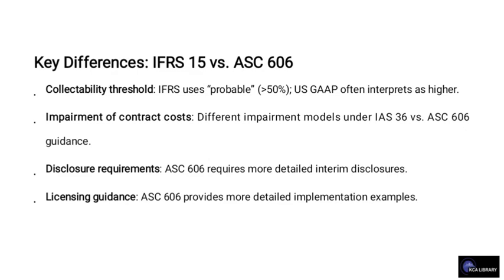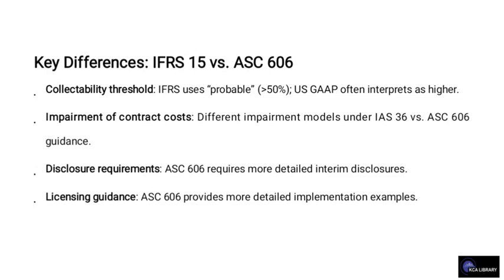Let's look at the key differences between IFRS 15 and ASC 606. The first difference we'll be looking at is the collectibility threshold. IFRS uses probable, which is greater than 50%, and for US GAAP, it is often interpreted as higher.